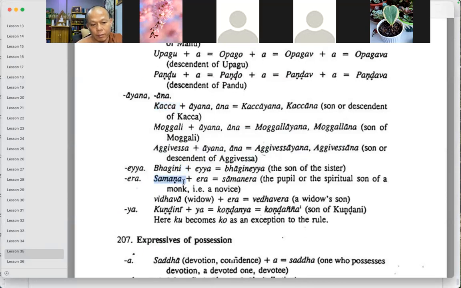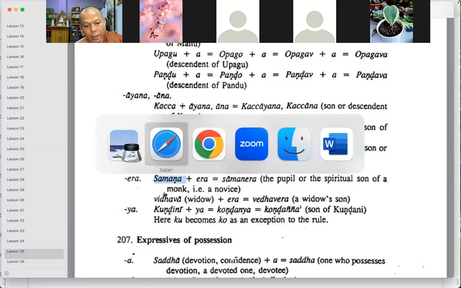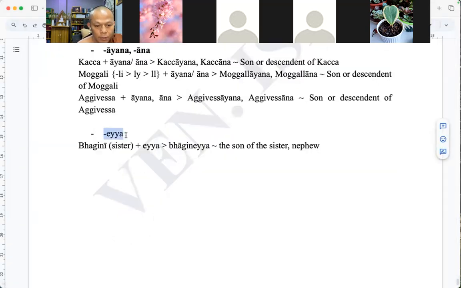And then, so samana, the other one is samanera suffix. So actually samana. So samana means recluse or a recluse. So after that, the era. So we have the, so samanera.